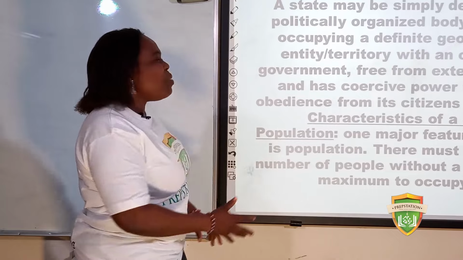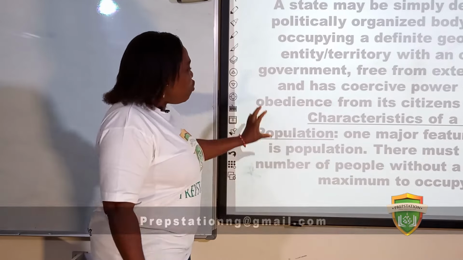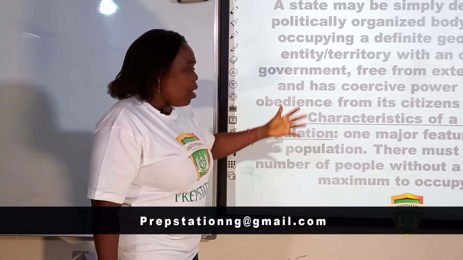Then the other thing, it must have an organized government, which we do. It must have an organized government, free from external control, and has coercive power to secure obedience from its citizens and others. What do we mean by free from external control?